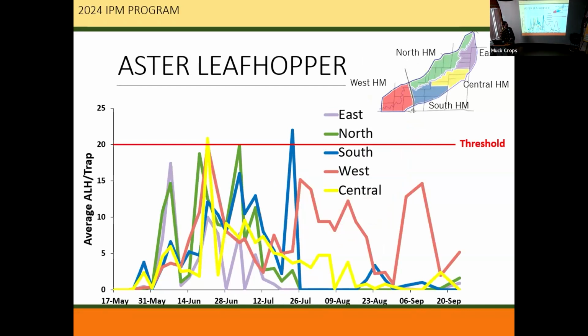This can be seen here, with a lot of peaks approaching that 20 leafhoppers per trap threshold. But luckily, there's a good chance that a lot of those leafhoppers didn't actually carry the organism that causes aster yellows.